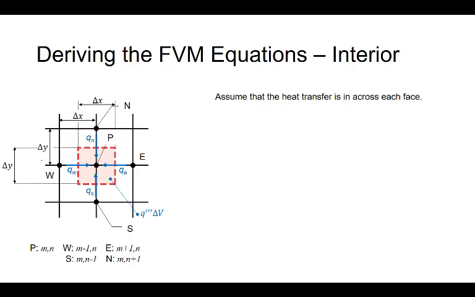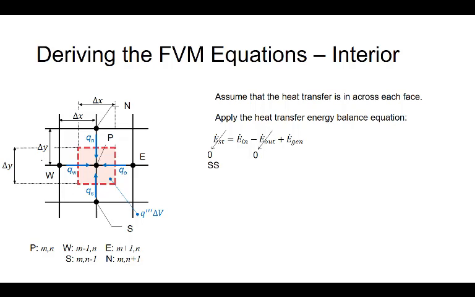Finally, one of the advantages of numerical techniques is the relative ease with which complexities such as thermal energy generation can be handled. We have thus assumed that there is also a uniform generation of thermal energy within the volume, denoted by q triple prime delta V. We now apply the heat transfer energy balance equation to the volume. Because we are interested in steady-state heat transfer, the energy storage term becomes 0.